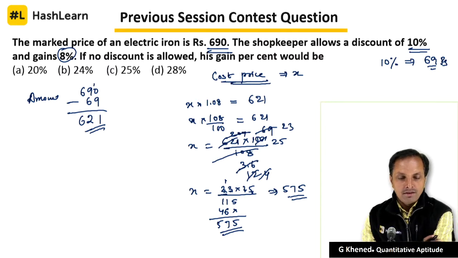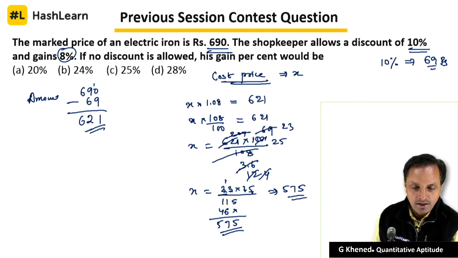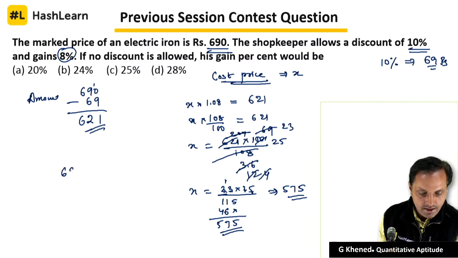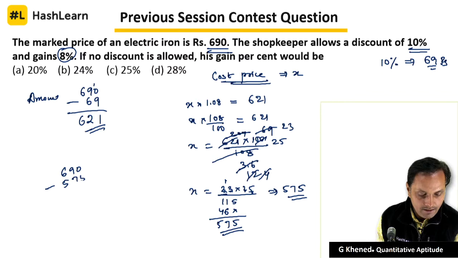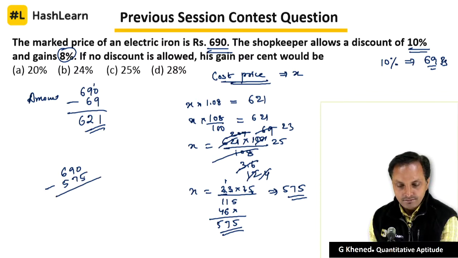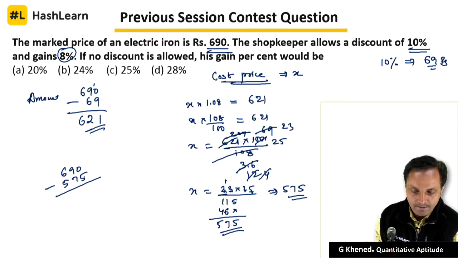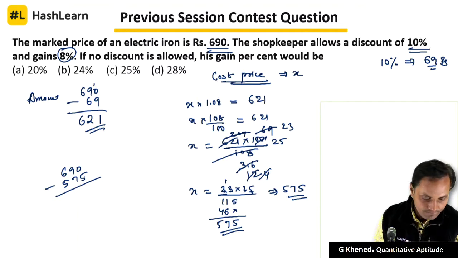If no discount is allowed, what was the gain percent? If there is no discount allowed, so 690 minus 575. What is the difference amount? This 5 1 1.